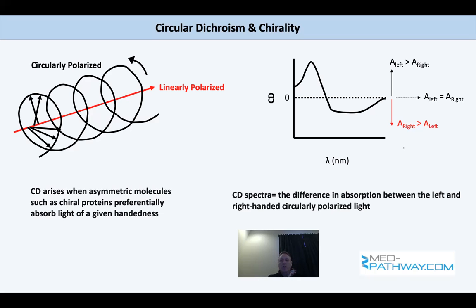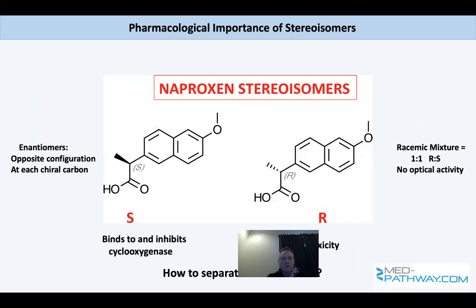And so what you can do then is imagine that you have a protein that has a conformation that's changing: the formation of an alpha helix, the dissociation of an alpha helix, the movement of an amino acid as it becomes modified by some sort of chemical modification like phosphorylation, etc. What can happen is that as the molecule moves, it'll have a bias in its ability to absorb either left or right-handed circularly polarized light. As a consequence, it'll come up on the spectra. So CD spectra is often used to look at the secondary structure and the conformation of proteins.